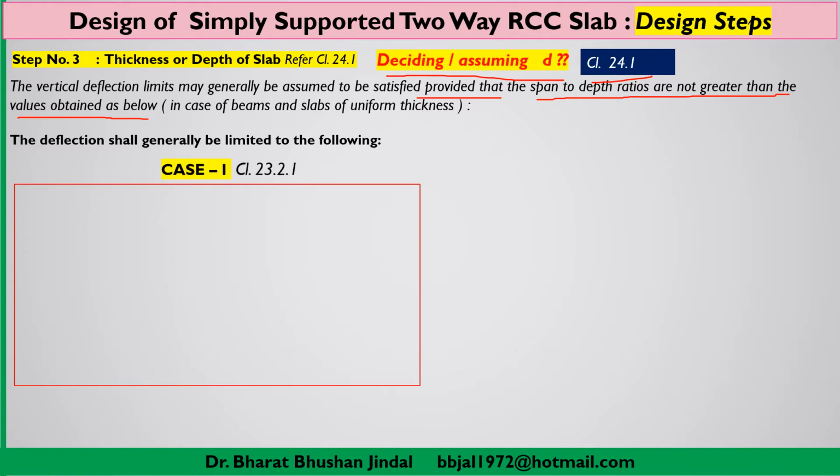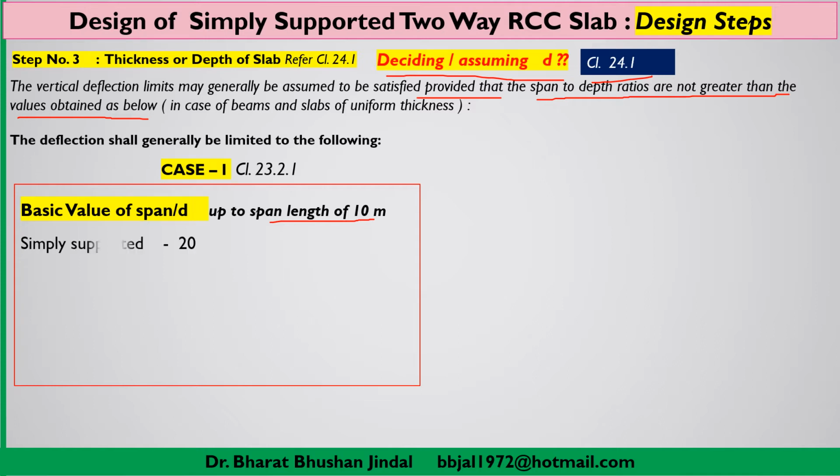Case number 1, in reference to clause number 23.2.1: we can take the basic value of span to depth ratio when the shorter span has length up to 10 meters, and we can take the L by D ratio equal to 20, as we normally take in case of beams also.